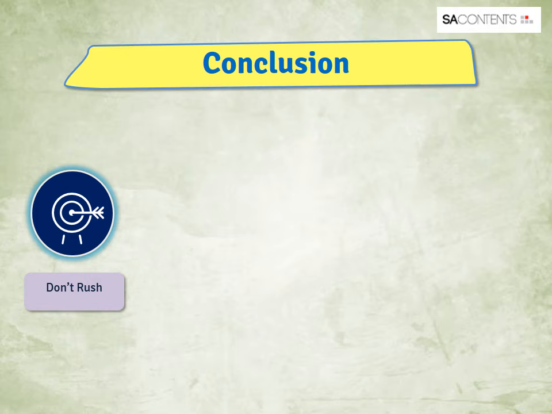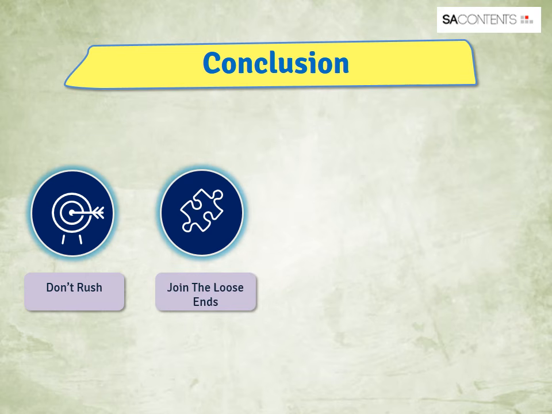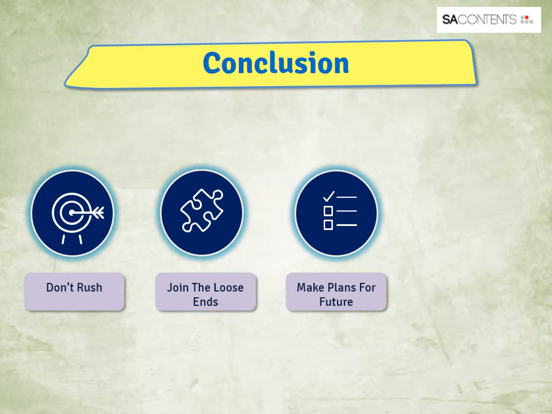While writing the composition, don't ever rush. Keep your mind cool and then jot down the sentences one by one, describing each and everything. After writing down the sentences, join them logically. That means you have to join all the loose ends together in a logical manner. Make plans for the future.